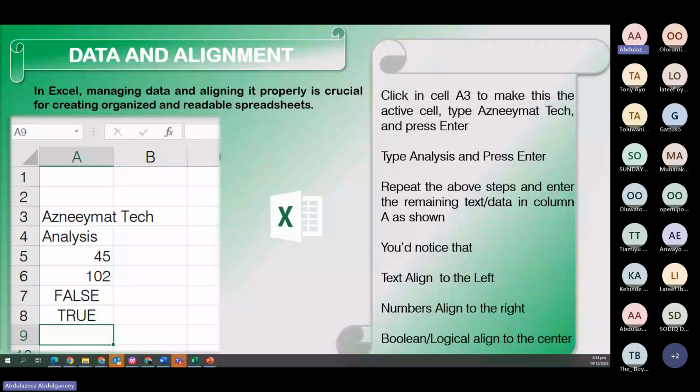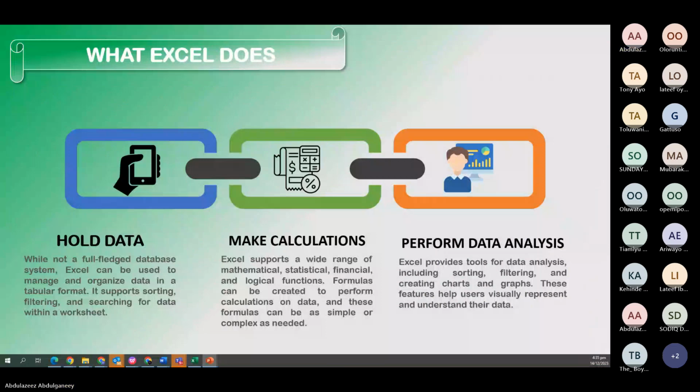Now, the next slide is: what does Excel do? The three things Excel does are: it holds your data, you make calculations, and you perform data analysis with your Excel. When you hold data, fine, but Excel has its limits.